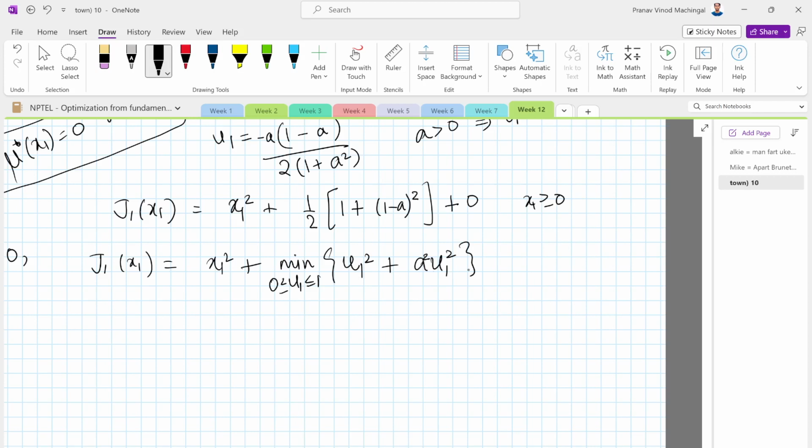So this is again quadratic in u1, 1 plus a square u1 square.